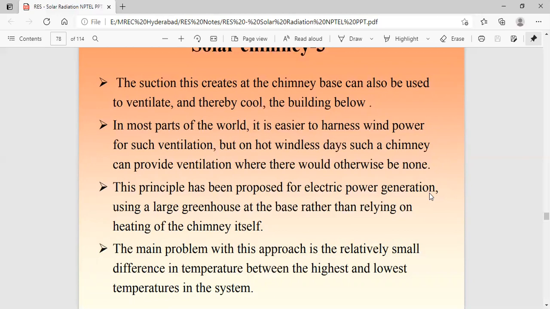This principle has been proposed for electric power generation using a large greenhouse at the base rather than relying on the heating of the chimney itself. The main problem with this approach is the relatively small difference in temperature between the highest and lowest temperature in the system.